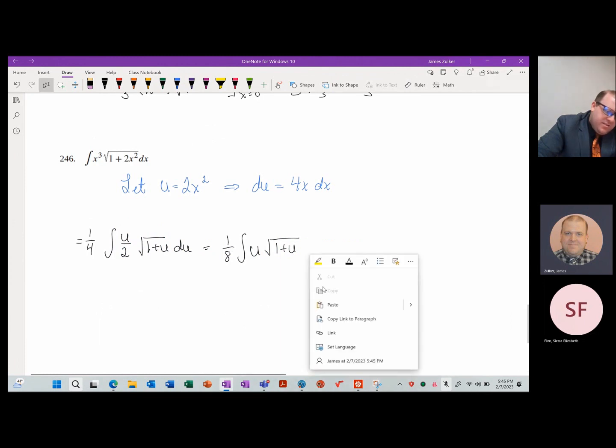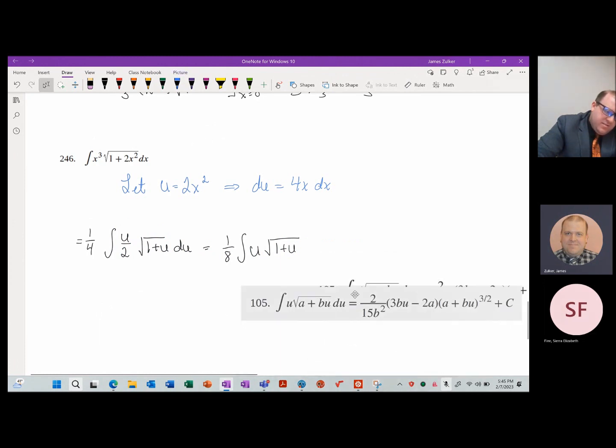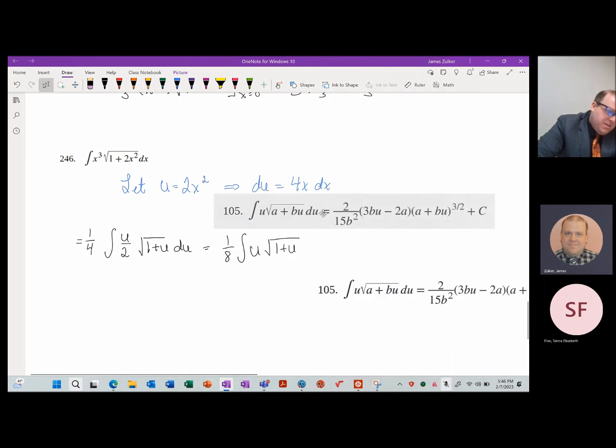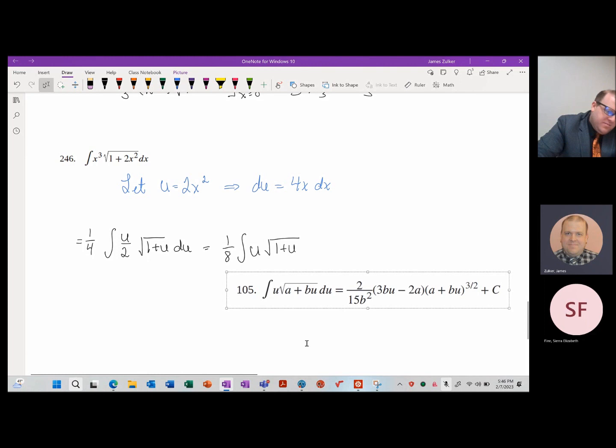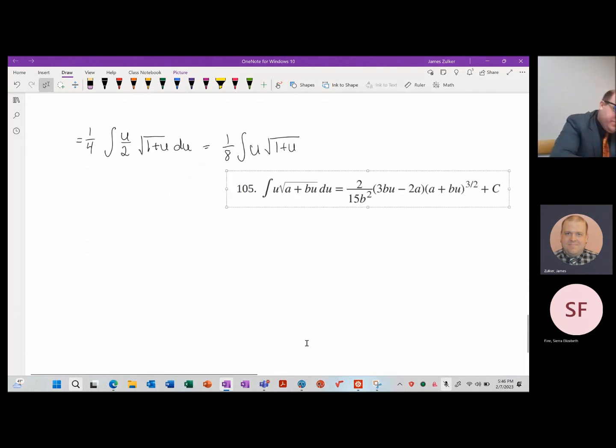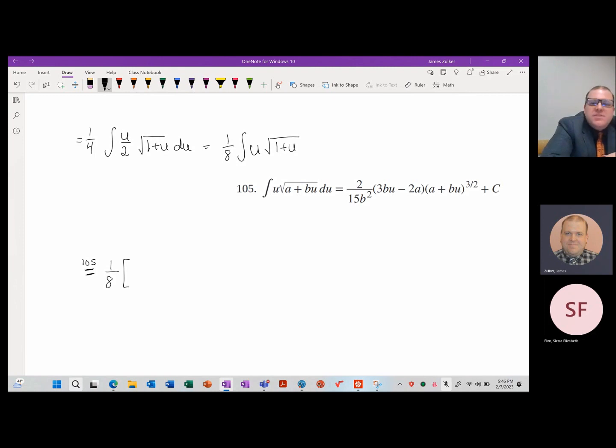Again, I'm just going to paste this for reference. This antiderivative from formula 105, we have that 1/8 on the outside. Then it'll be times that antiderivative.